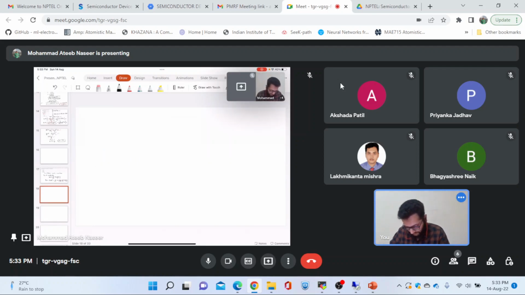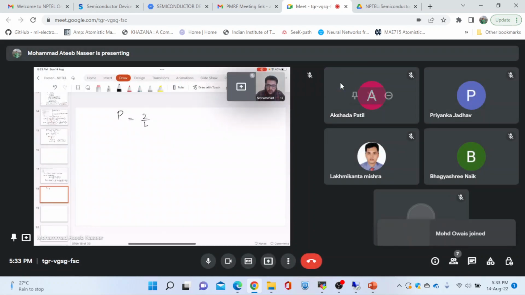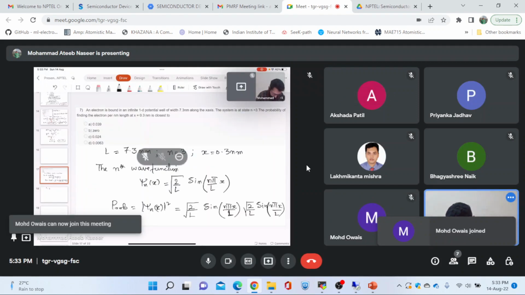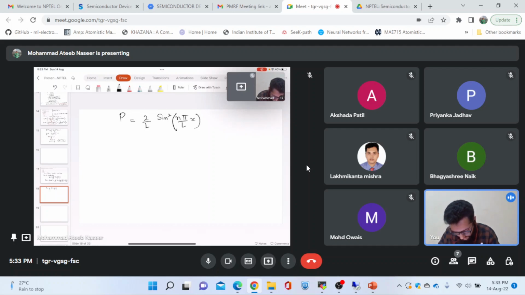Now this probability, denoted by P, will be given by 2 by L sine squared of n pi by L x. Now we know that the values of this L and this n are given.